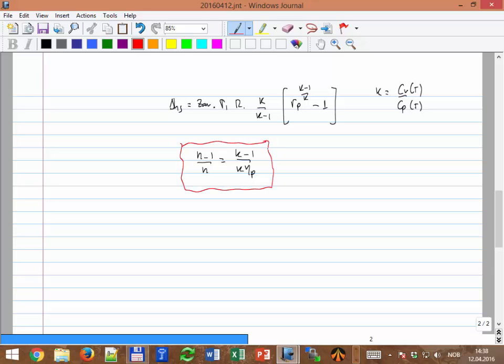That is relating this exponent, the polytropic exponent. Don't be confused, this is the polytropic exponent. And K, how do we call K? Adiabatic coefficient.